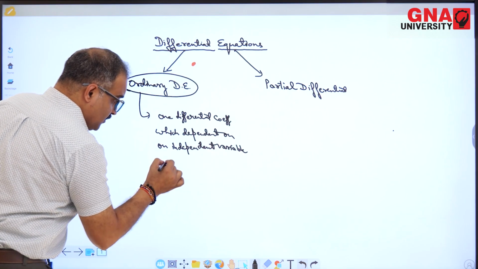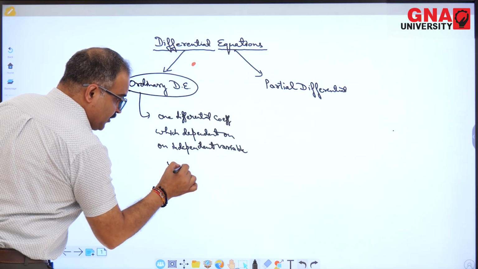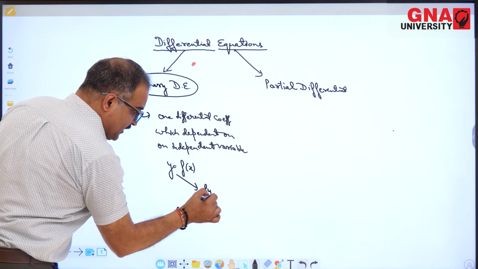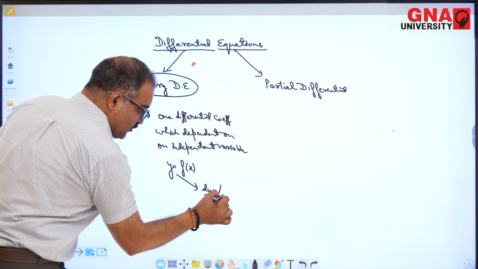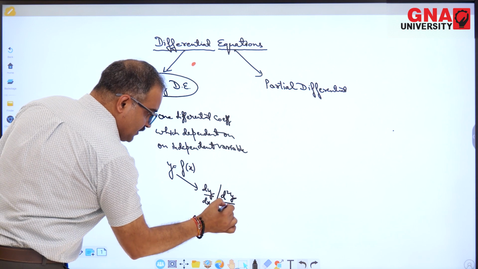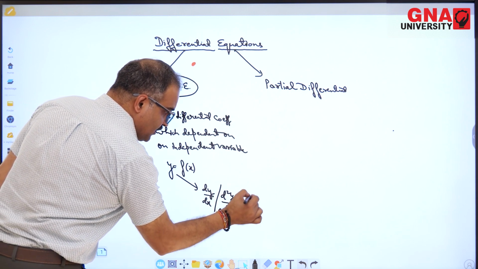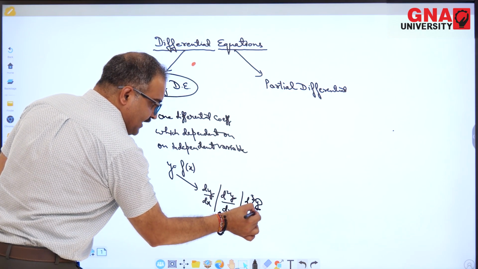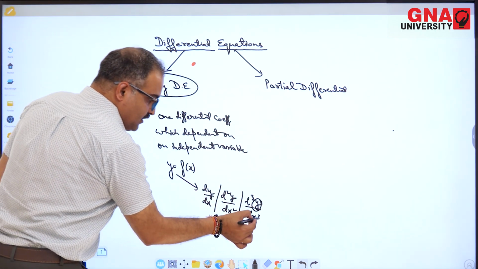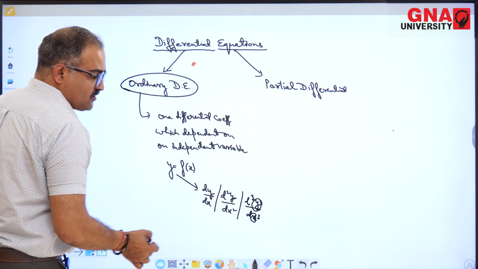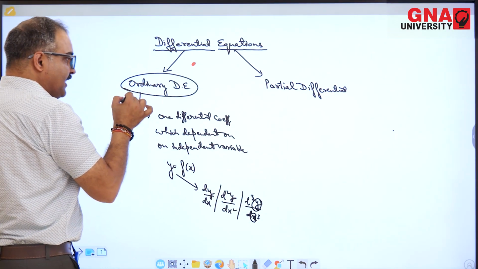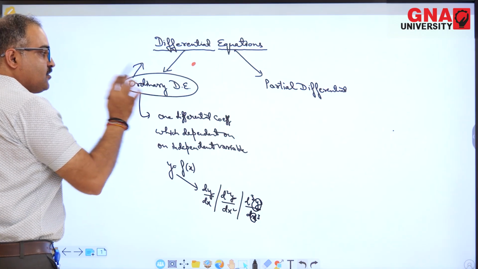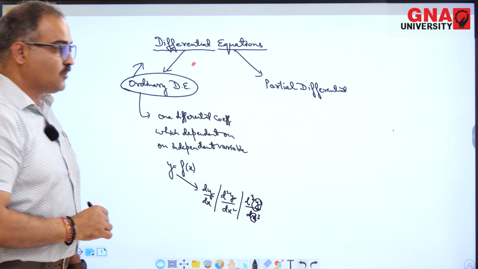For example, y is depending upon a single variable x, so we can calculate either dy by dx or d2y by dx square or d cube y by dx cube. That means if y is a dependent variable and x is the independent variable, we can take the derivative, and the equation which consists of such type of derivatives is known as ordinary differential equation.